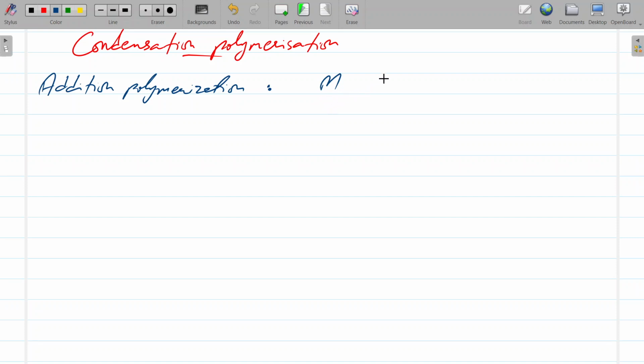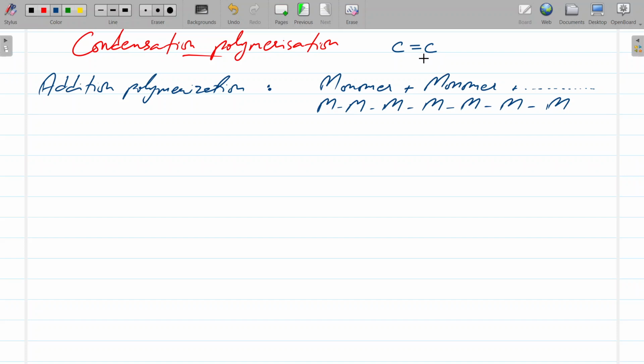Right? So you got a monomer unit, and in the cases that we saw, the monomer units had at least a carbon-carbon double bond in them. And so what you do is you take the monomer and react it with another monomer, and you do that multiple times, and so you get what is called a polymer chain with multiple monomer units being joined together.